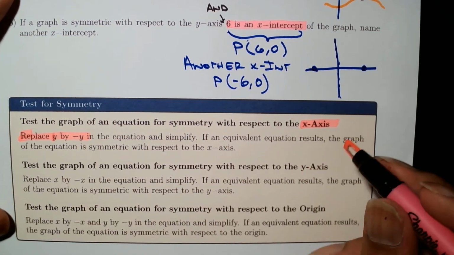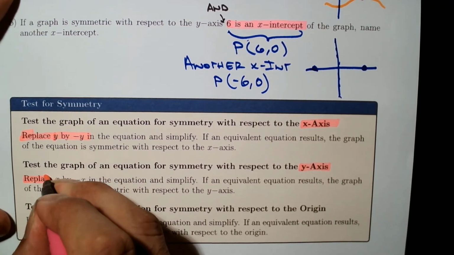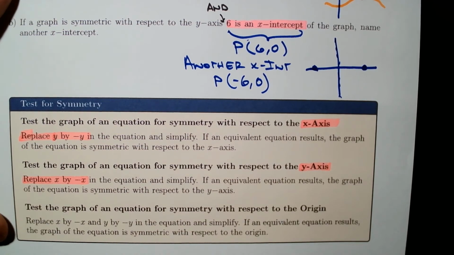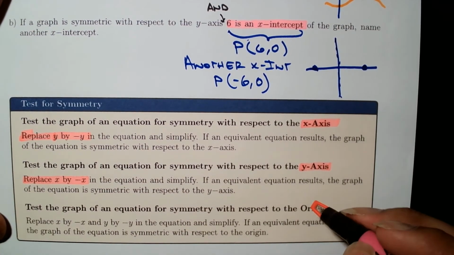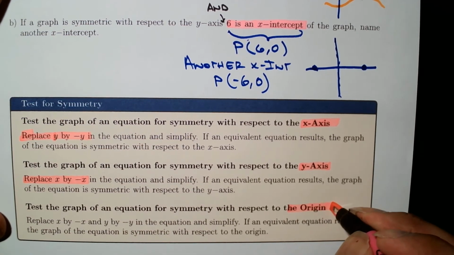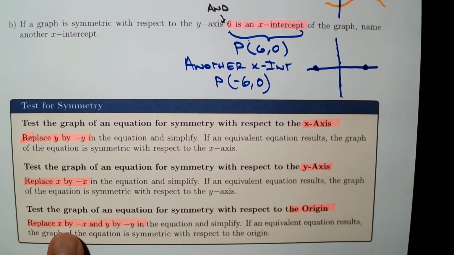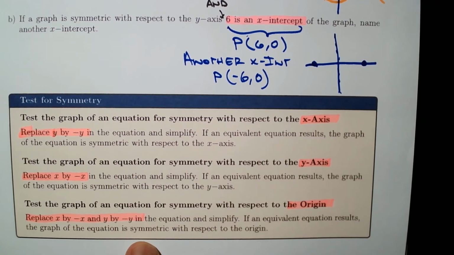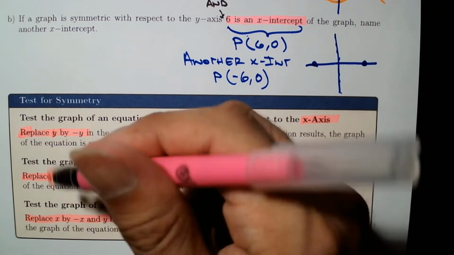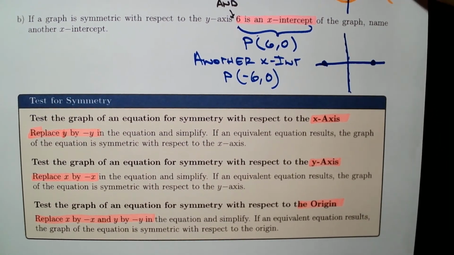To check symmetry with respect to the y-axis, we replace x by -x. And with respect to the origin, we replace both x and y with negative x and negative y respectively. The idea is to come up with the same equation whenever it applies.